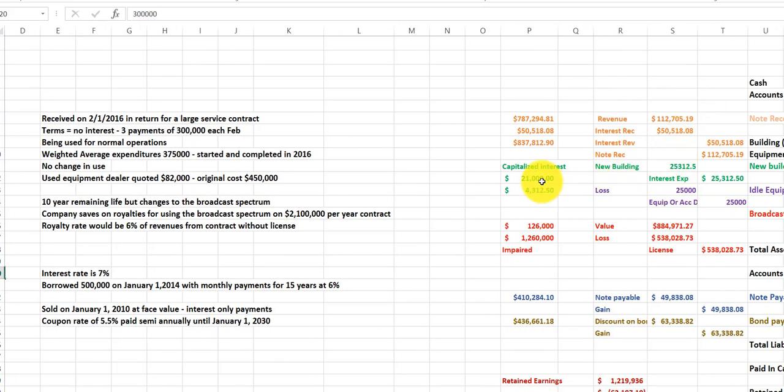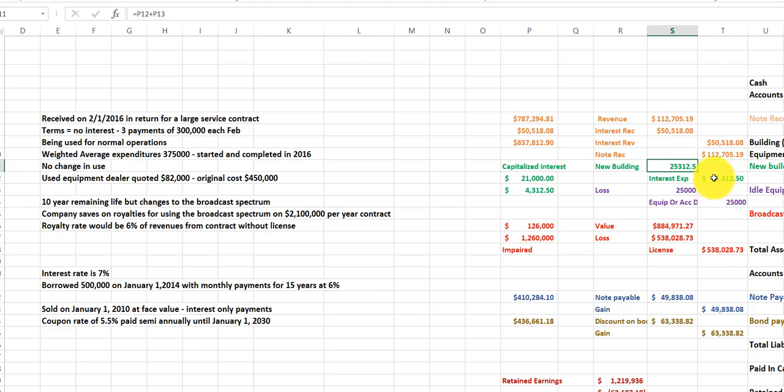Our interest on the $300,000 at 7% is $21,000, and at the weighted average of 5.75%, the other $75,000 is $4,312.50.